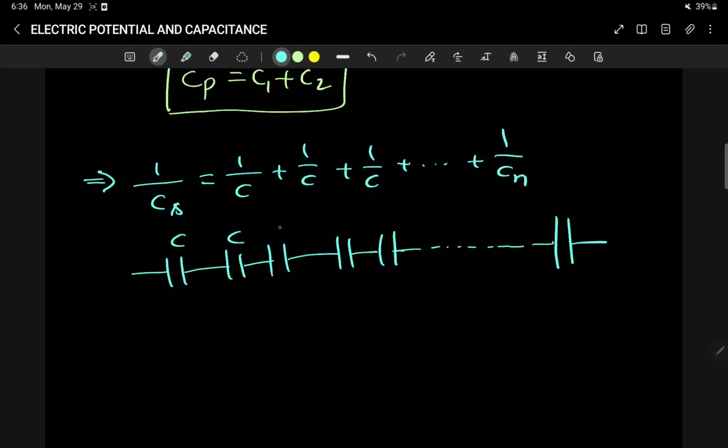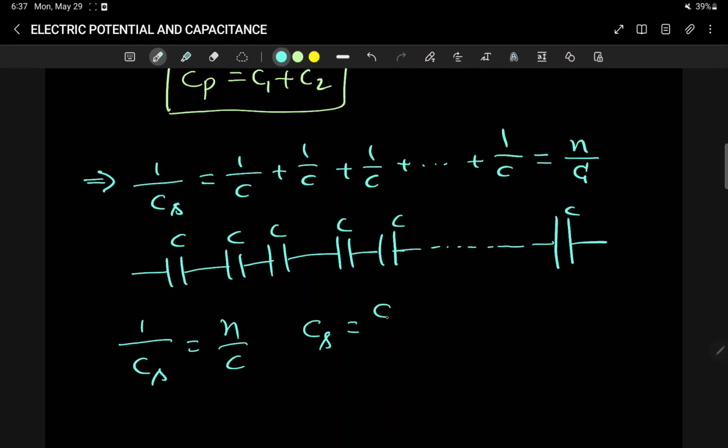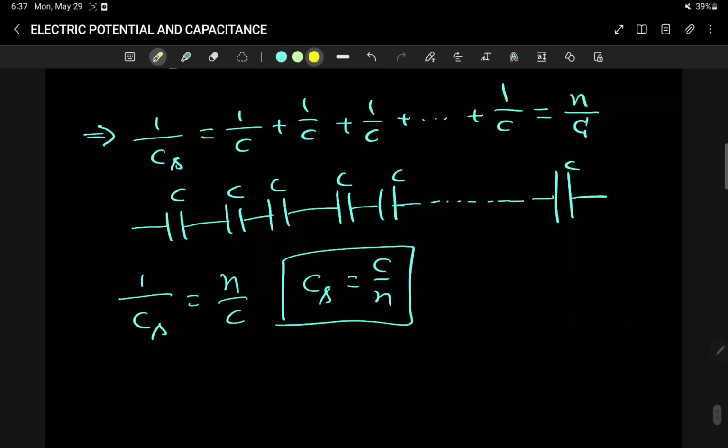Capacitance of each one is C. So what do you get here? Ultimately, if you add, you get n times 1 by C. So 1 by Cs is equal to n by C. What about Cs? C by n. So if n similar capacitors are connected in series, then the equivalent capacitance is given by C by n. Do remember this formula.